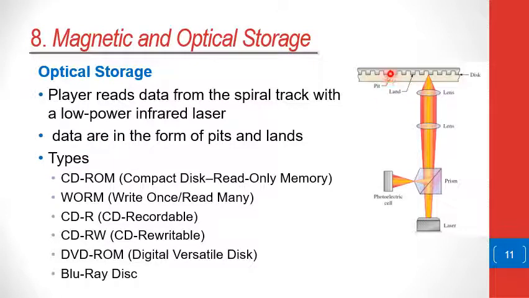Maybe a pit might represent a 0 and a land might represent a 1, and the data is read using a laser beam. The laser is shined on the surface of the disk, and depending on whether it shines on a land or a pit, the reflection is different. The photoelectric cell here picks up whether it is reading a pit or a land, and this becomes the information that you are reading from the disk.